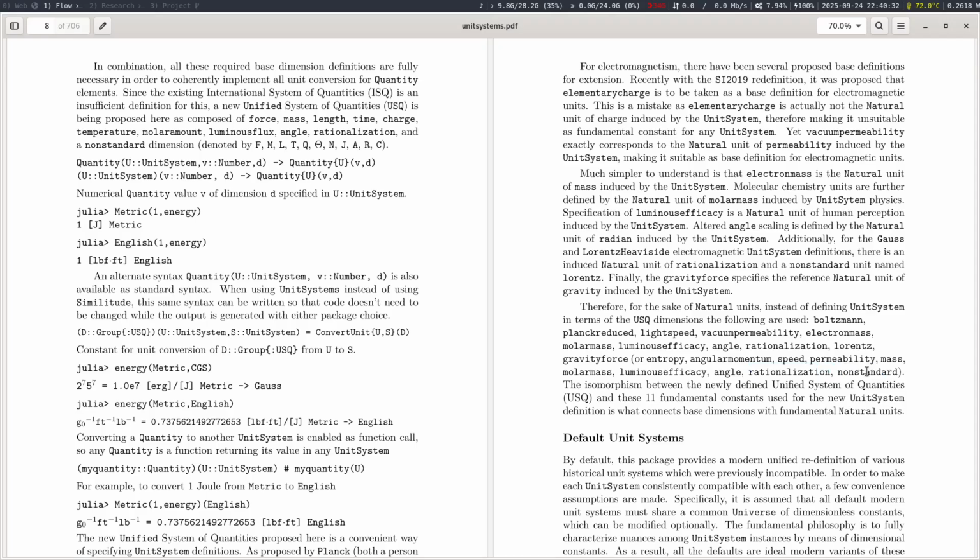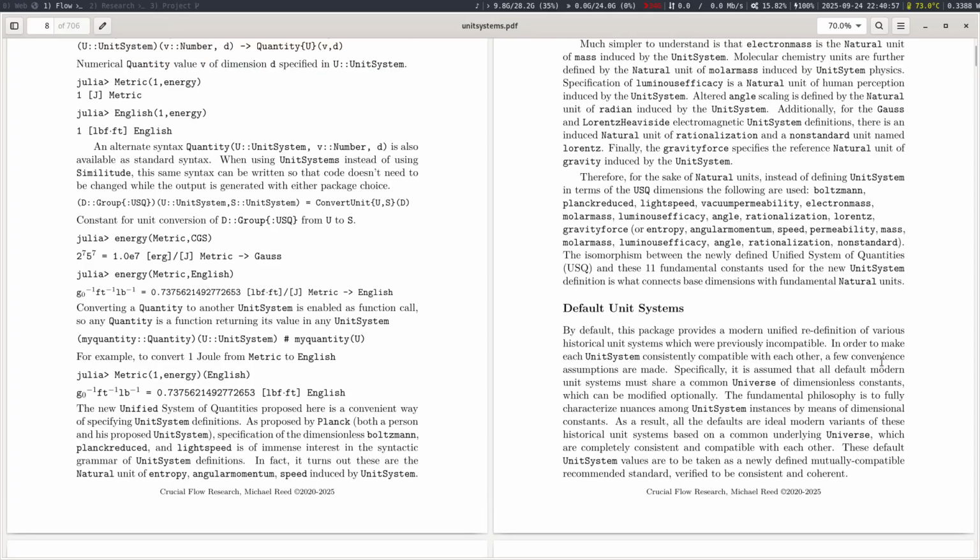The isomorphism between the newly defined unit system of quantities and these 11 fundamental constants is used for the new unit system definition, and this is what connects the base dimensions with the fundamental natural units. And we'll get into that later, what that means.